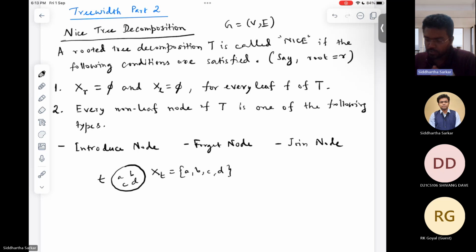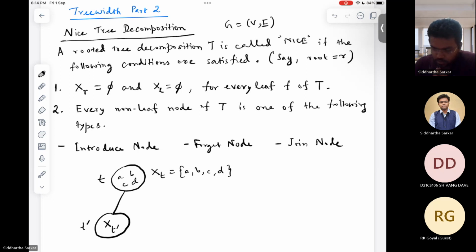We will call a bag in the tree decomposition an introduced node if it has a single child T dash, and by X sub T dash we denote the set of vertices in T dash.